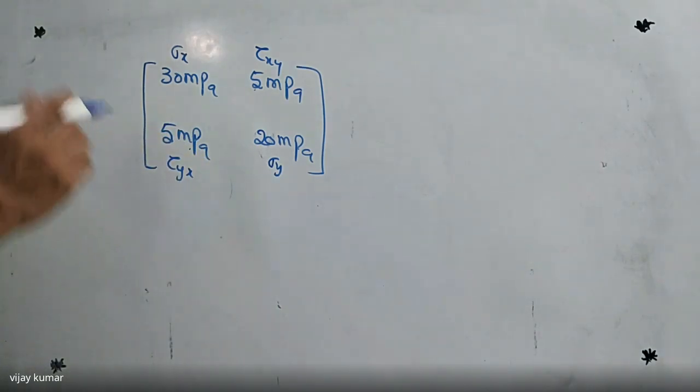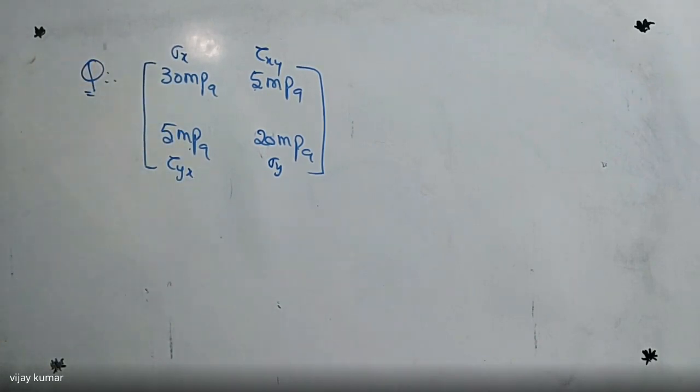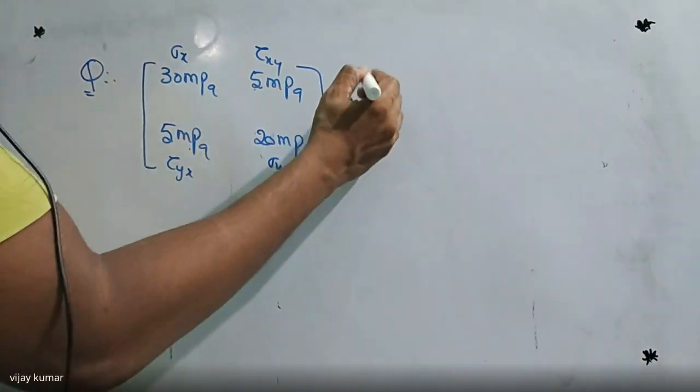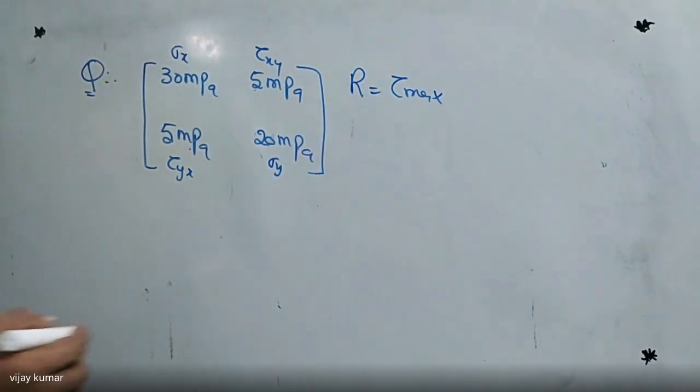So they will give the question like this, and they are asking to find the radius of the Mohr circle or find the maximum shear. So they are asking for the radius or the tau maximum value. How to find this by using this matrix? This is named as the state of stress of a component.